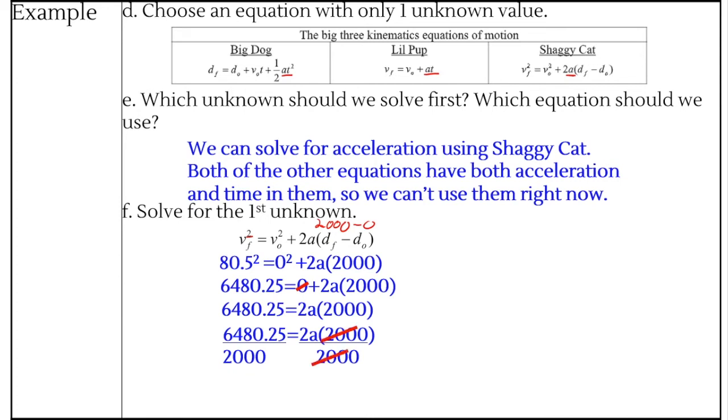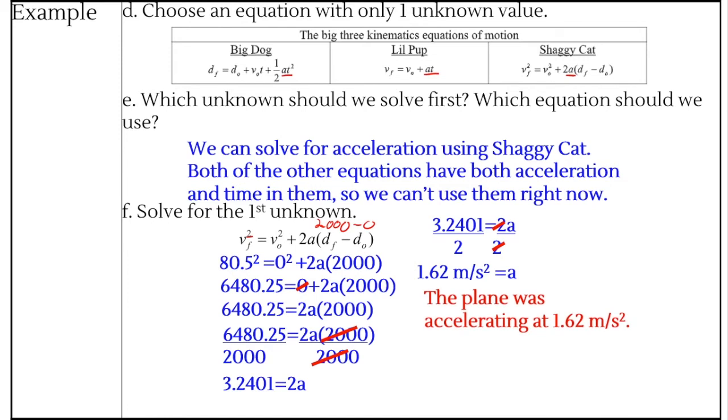And then after I divide the 2,000 over, I'm left with 3.2401 is equal to 2a. Divide 2a over, and I get acceleration is equal to 1.62 meters per second squared. What does this mean? Well, this is just telling me that the plane was accelerating at a rate of 1.62 meters per second squared during its takeoff.